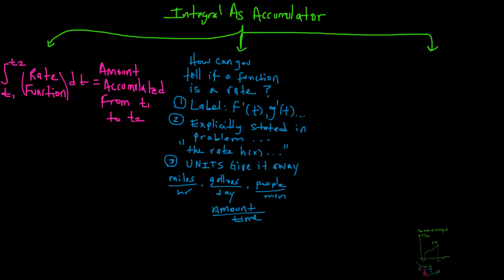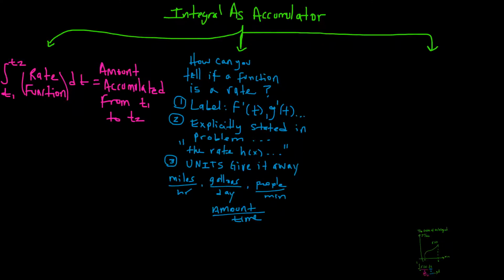What's another way of knowing that you have a rate function? Well, when you read the paragraph problem, it'll say explicitly the rate h of x or the rate function f of x, and so then they'll just tell you flat out it's a rate. Or another way is that you look at the units of the function and then the units give it away.